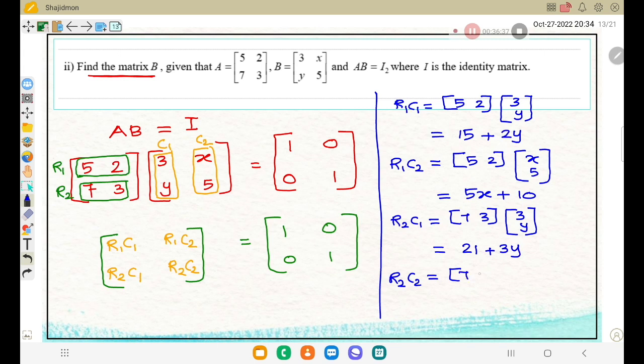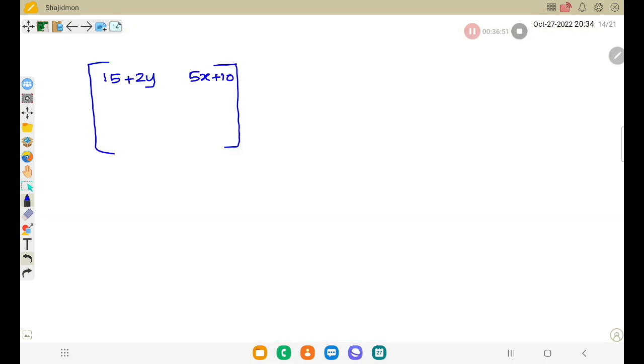Second row is 7, 3 and second column is x, 5. So we get 7 multiply x, 7x, plus 3 multiply 5, 15, so 7x plus 15. So I can write here the third number we got, 21 plus 3y, and the last number we got, 7x plus 15, correct, equal to the identity matrix 1, 0, 0 and 1.